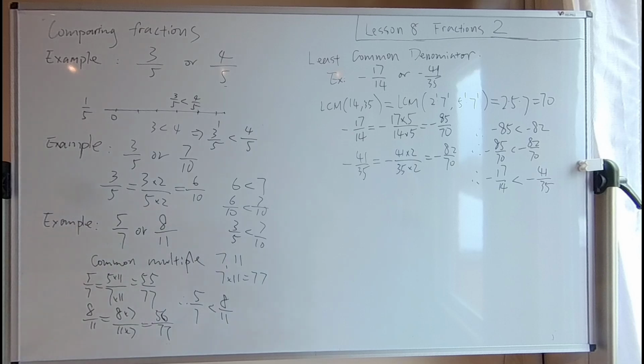Right, so once we're able to compare fractions, that means we're able to find the common denominators. And by finding the common denominator, we will also be able to simplify the addition, subtraction, multiplication, and division between fractions.